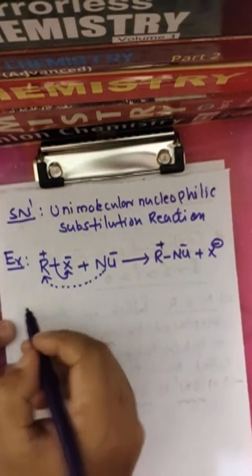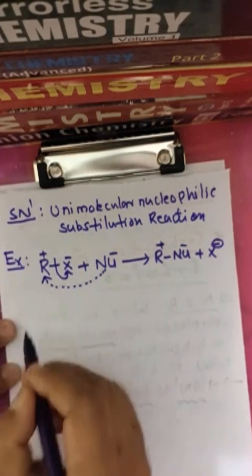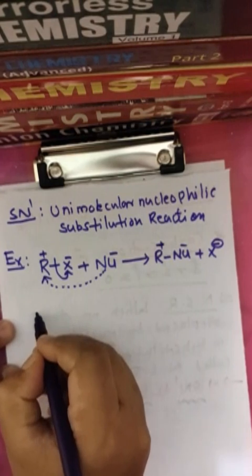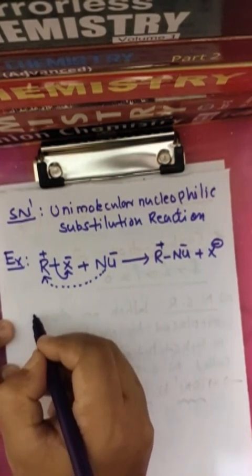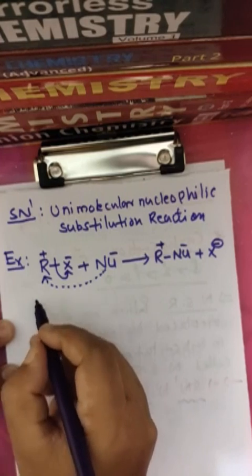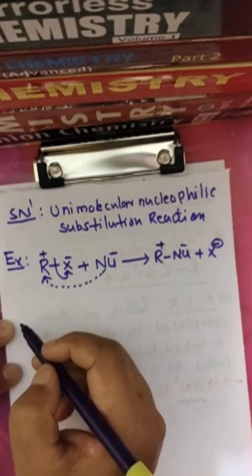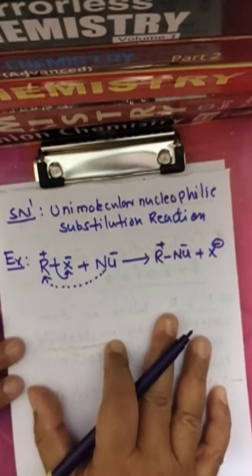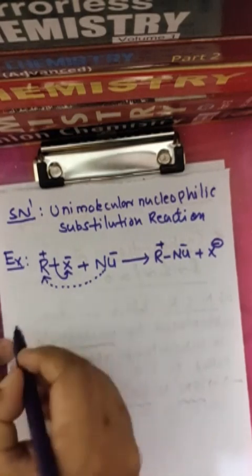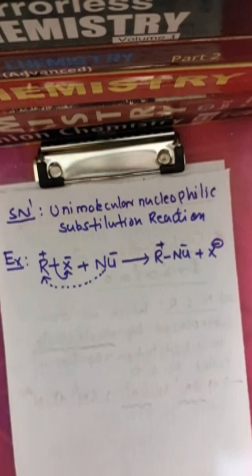Then let me go for that. Here I am taking a 3 degree alkyl halide. Why 3 degree? Because 3 degree carbocation is more favorable for SN1 than 2 degree, and 2 degree is more favorable than 1 degree. That's why I am taking a 3 degree alkyl halide. Here I am taking tertiary butyl bromide.